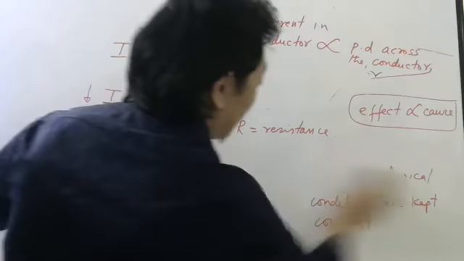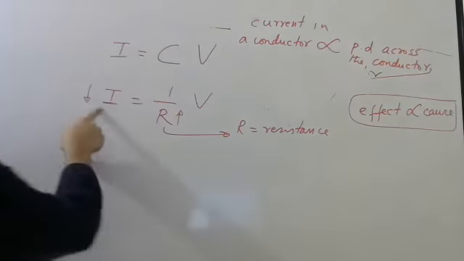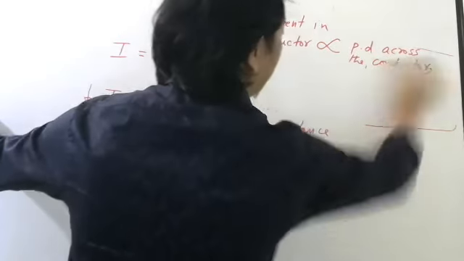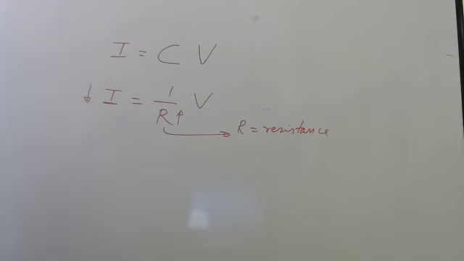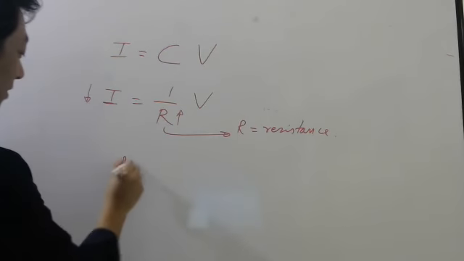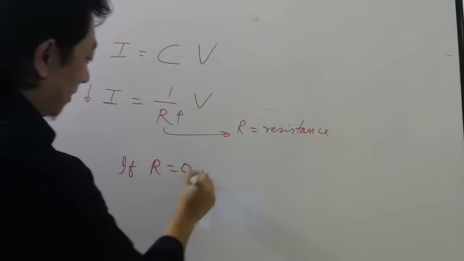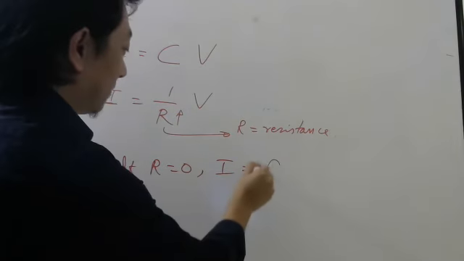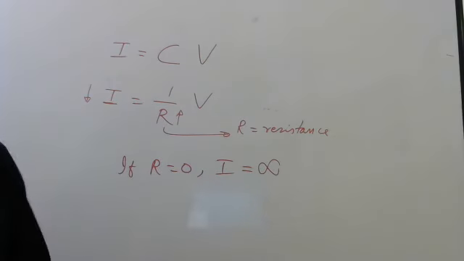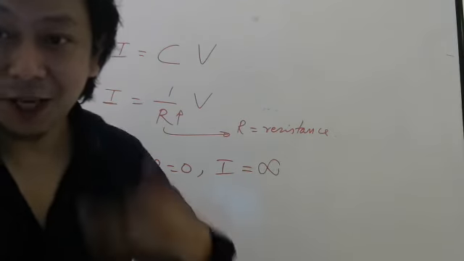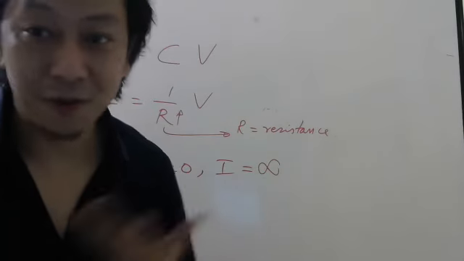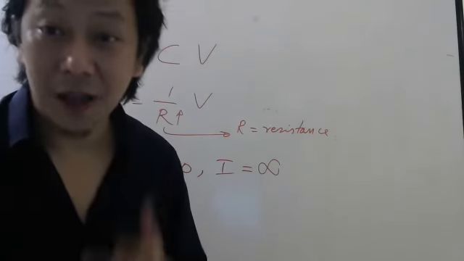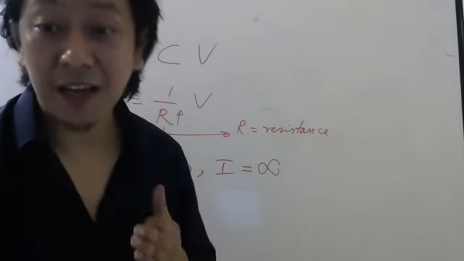By the way, check once what will happen to current if resistance is 0. If resistance is 0, what will happen to current? Infinity. Right? And already I told you that if there were no collisions, the current in the wire would have reached infinite value.